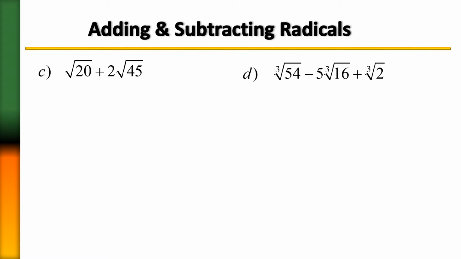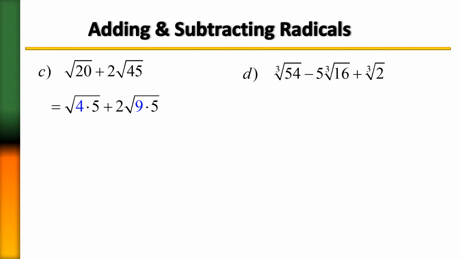We know that 20 has a perfect square of 4 inside, and 45 has a perfect square of 9 inside it. So you take the square root of the perfect square, and it goes outside, in front of the radical. If there's a number that's already outside, when you bring your answer outside, it will multiply with that number.